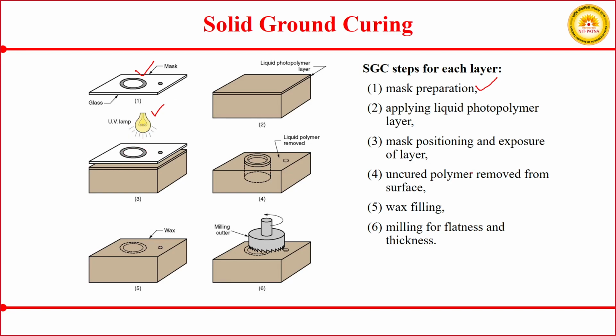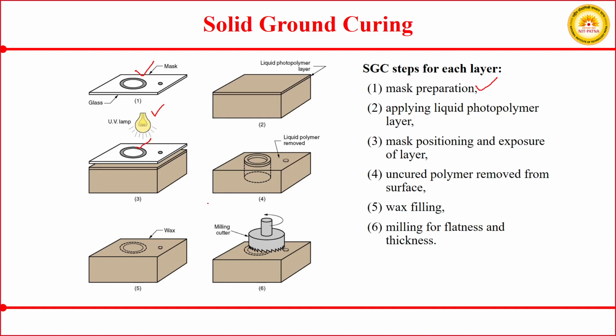This way you can create as many layers as you require by using these masks, and you get your final product in the desired shape, based on the mask prepared.